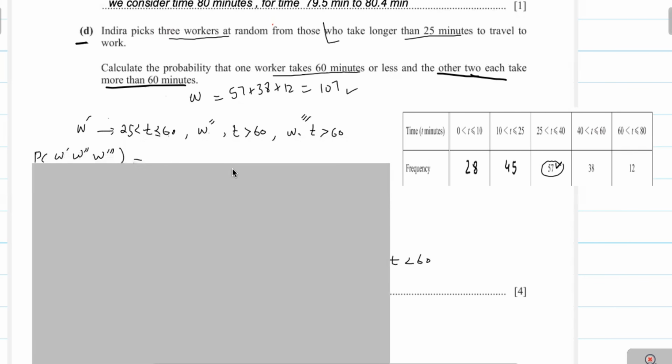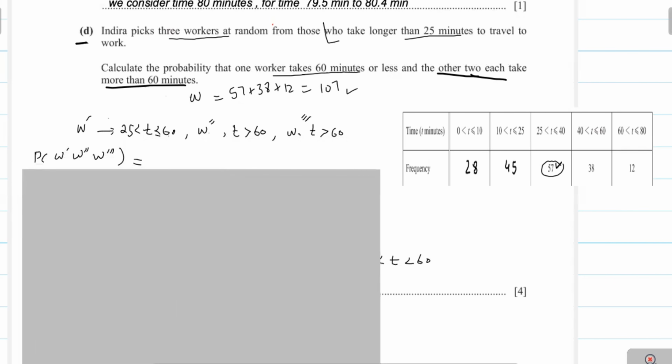Now the probability if we pick the first worker who takes time less than 60 will be P(W dash) multiplied by P(W double dash) multiplied by P(W triple dash).